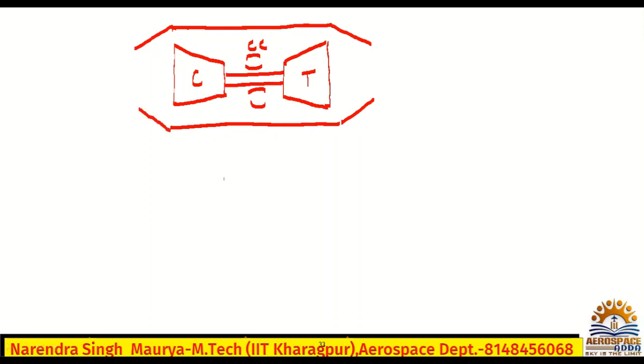This is the flow inlet, the atmospheric inlet here. Just say this is A, this is 1, this is 2, this is 3, this is 4, and this is 5, or it is also called exit.